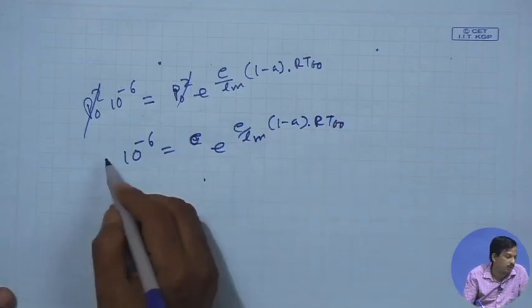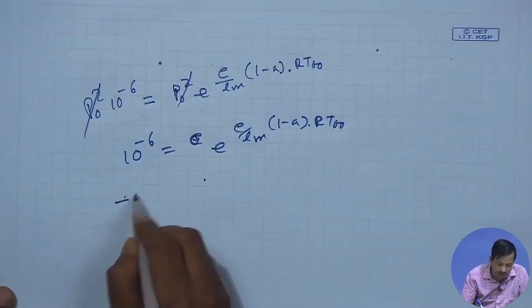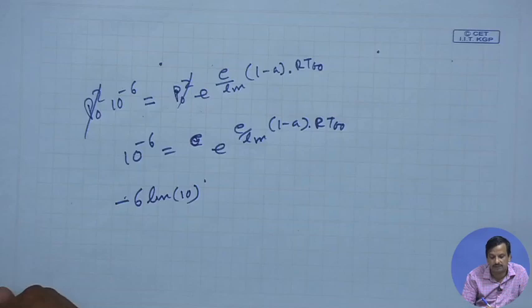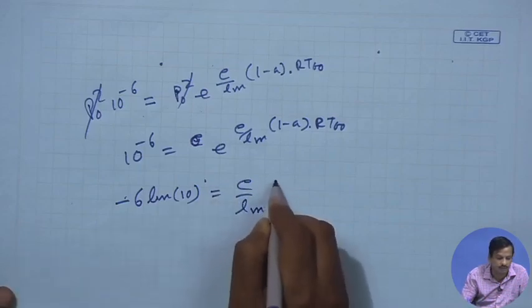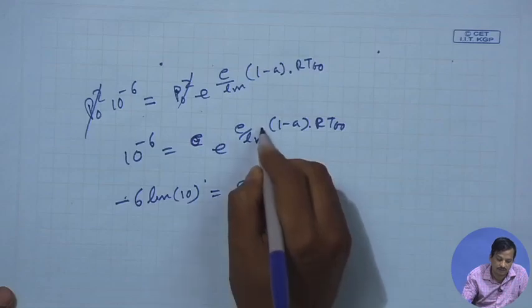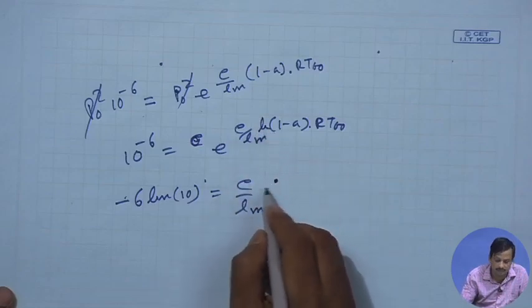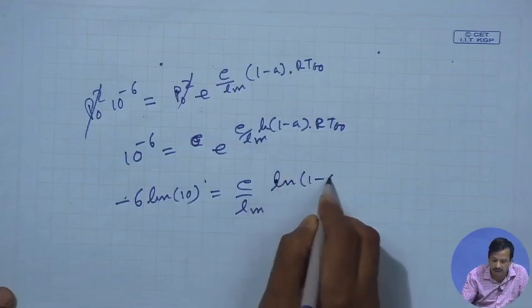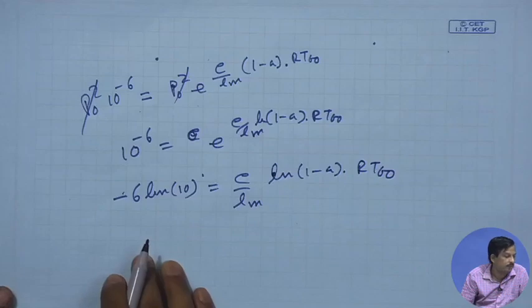Now, I take the ln on both sides. So, minus 6 ln 10 is equal to c by Lm into ln 1 minus a into RT60. Okay.